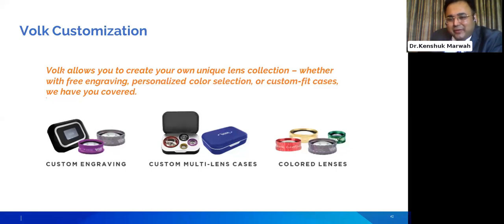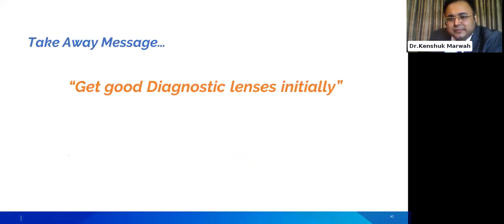So you can have a different array of colors in your practice: purple, red, yellow, green. And now the custom cases have also come in where you can keep all your lenses, the gonioscopy lenses, the slit lamp lens as a 20 diopter lens, all in one place. So these boxes also come in various colors.